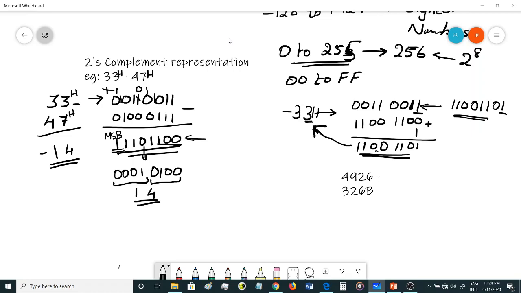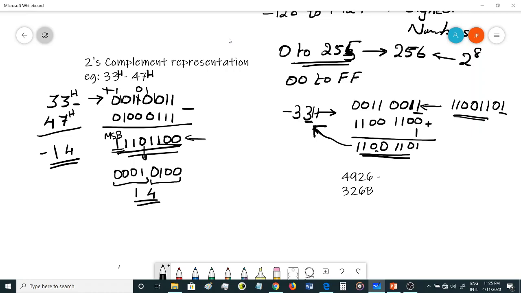Now another way for doing this same arithmetic is that either you can subtract 33 minus 47 like this, in this fashion. We took this as a positive number 33, 47 also as a positive number, and we subtracted 47 from 33.